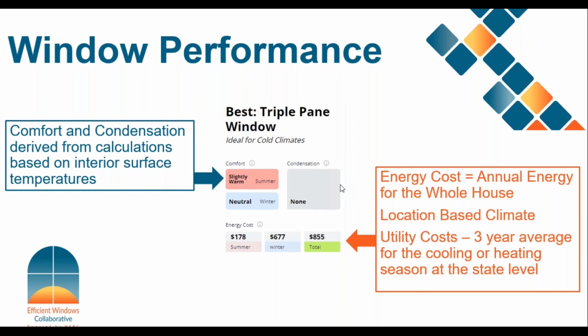So that's not at the very local level, but every state has a utility cost for natural gas and for electricity that have been determined. They are fully up to date to the last season. So we're good there, and that will give you the numbers that we're displaying.